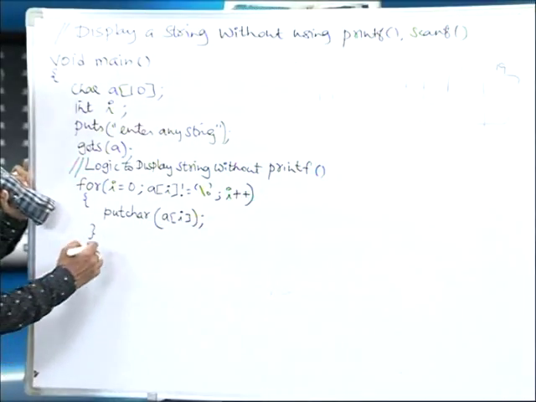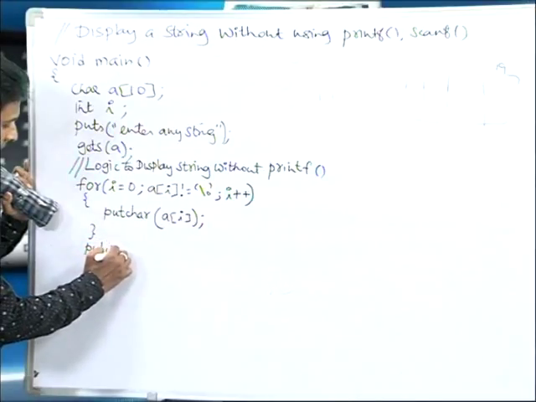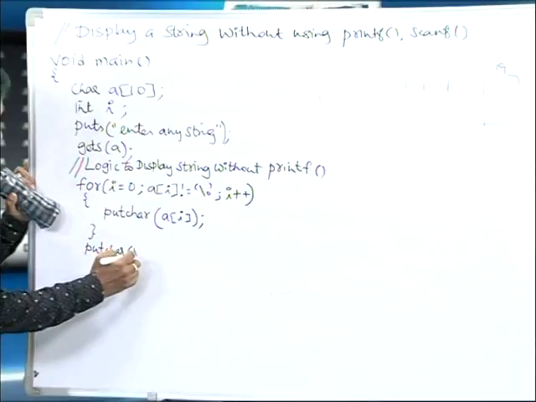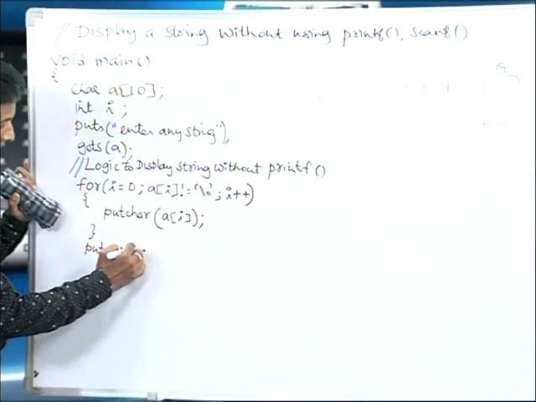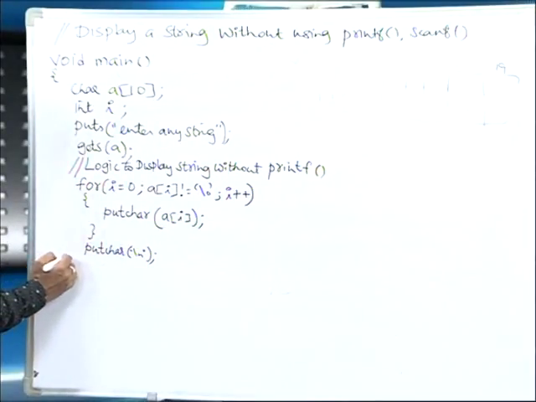To go to the next line, I am writing putchar \n. Next, the end of the main function.